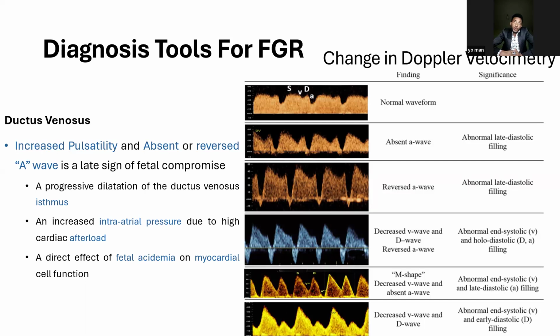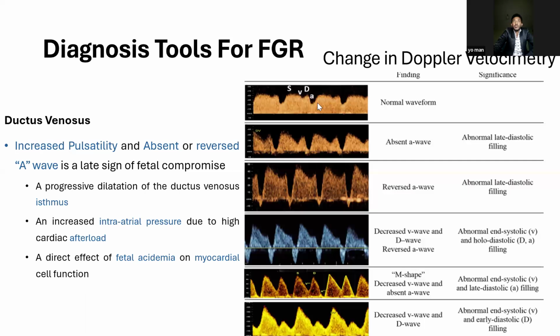When it squeezes forcefully, the A waveform will be eventually decreased because there is significantly high pressure, unlike the deceleration in the S wave. There will be a significant decrease in the ductus venosus waveform. That's the basic pathophysiology of the ductus venosus waveform.